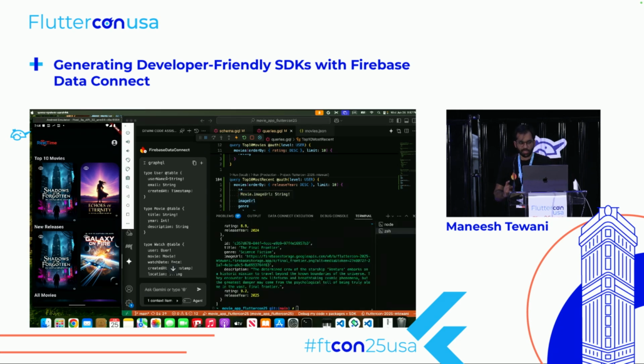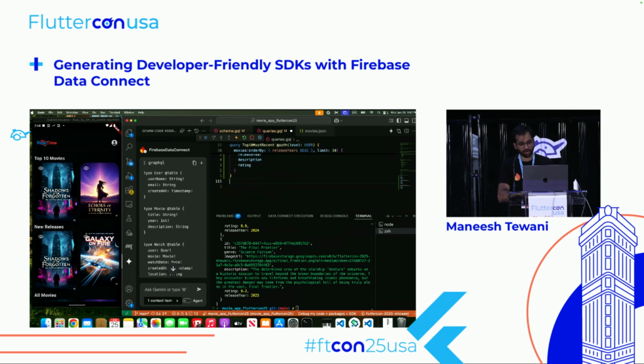But another thing, we don't know whether the user has watched or not watched a movie. So we just have to write that query. Now this is a little bit more complicated because it's a join table that we're going to query. But I'm with you all, we'll do it together.